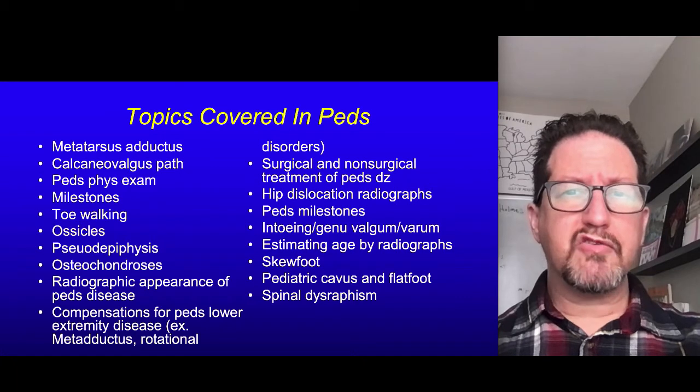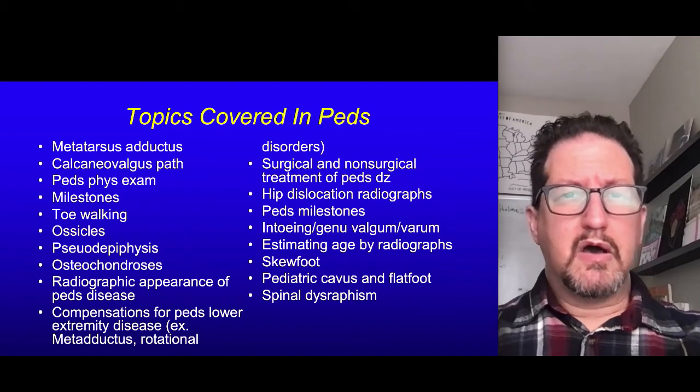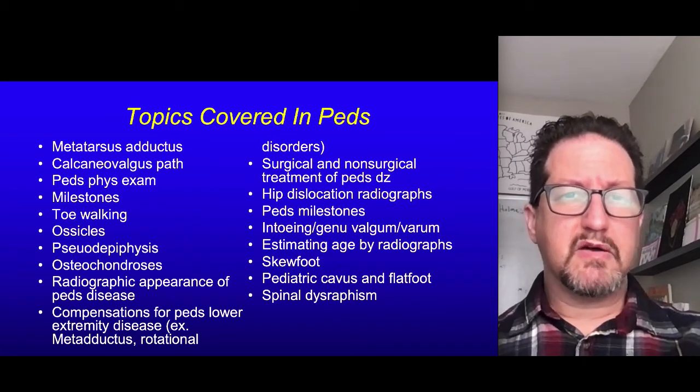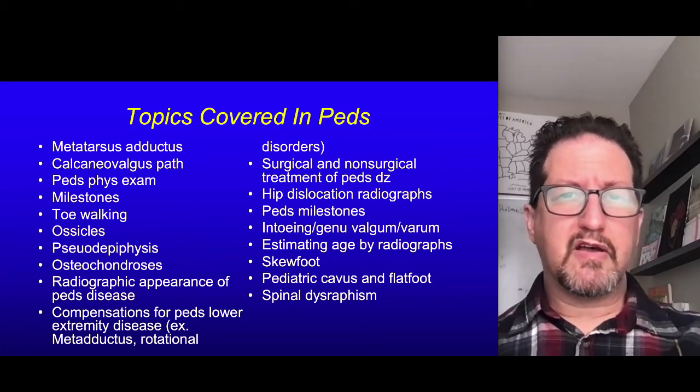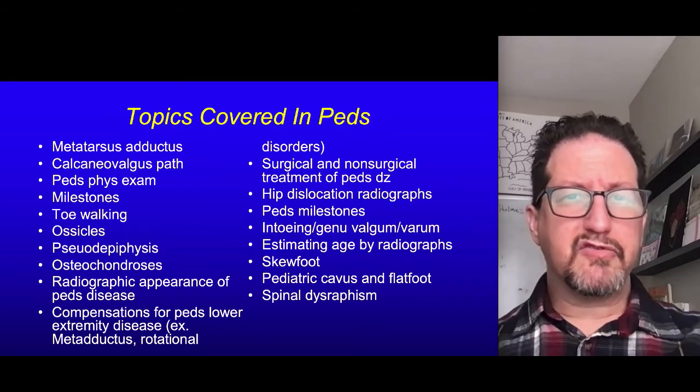Okay, now the pediatric section was slightly different in the sense that we're covering just kids. You can take a look again if you pause me and see the topics that we covered in peds.